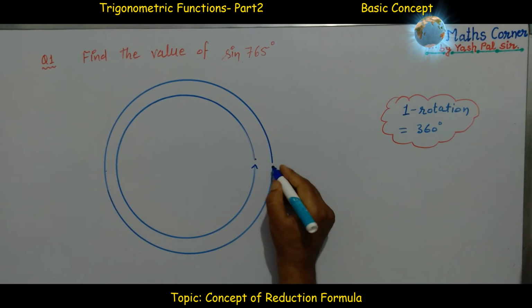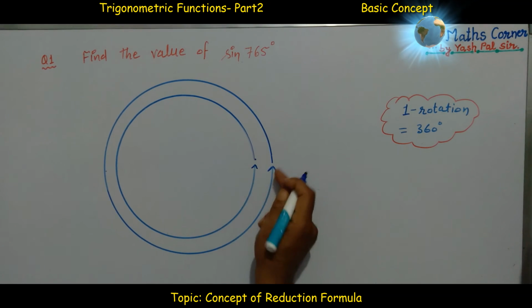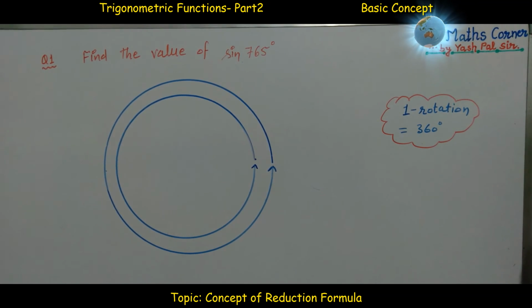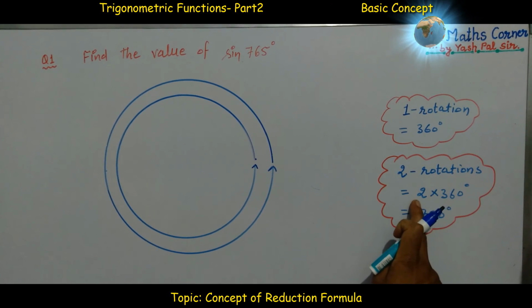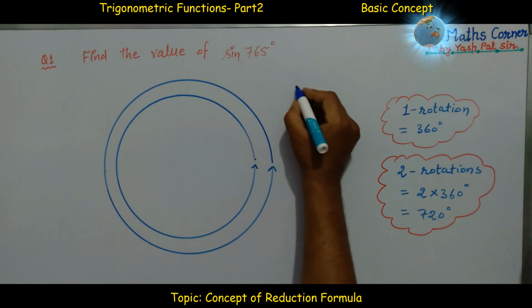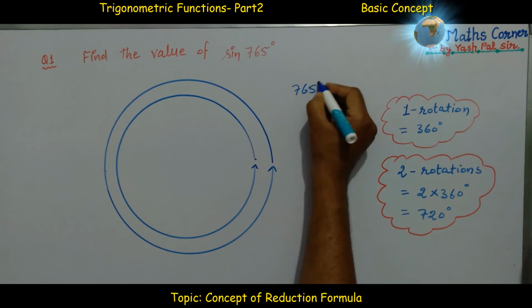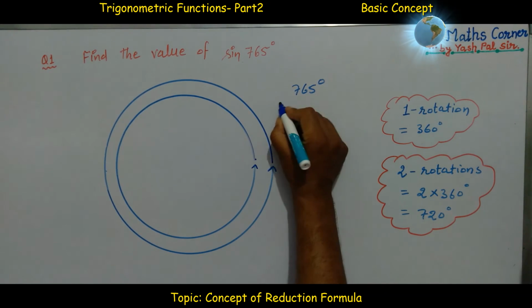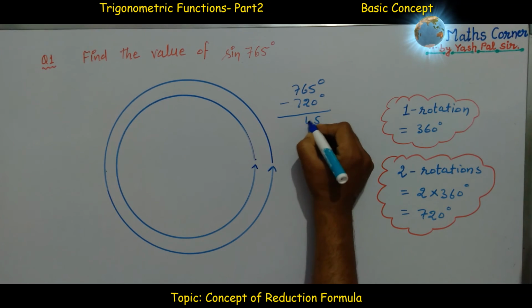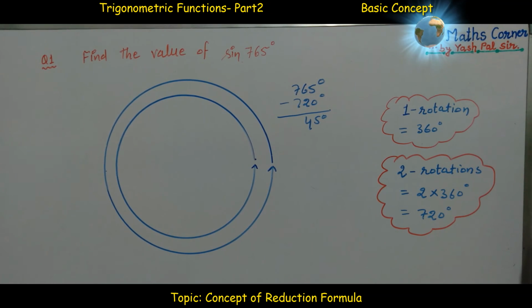Now this is the second rotation, that is two rotations. Two rotations equal 2 into 360 degree, which is 720 degree. But here 765 degree minus 720 degree is 45 degree.